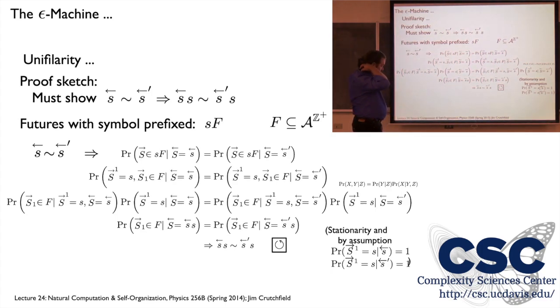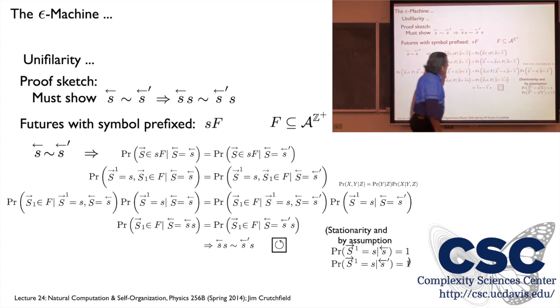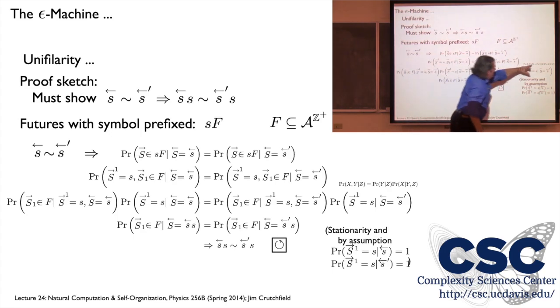Well, now we just apply a probability identity: the probability of X and Y given Z factors as the probability of Y given Z times the probability of X given Y and Z. The notation gets a little messy, but it's just a probability identity on the left-hand side and the right-hand side, and I've written out this product.